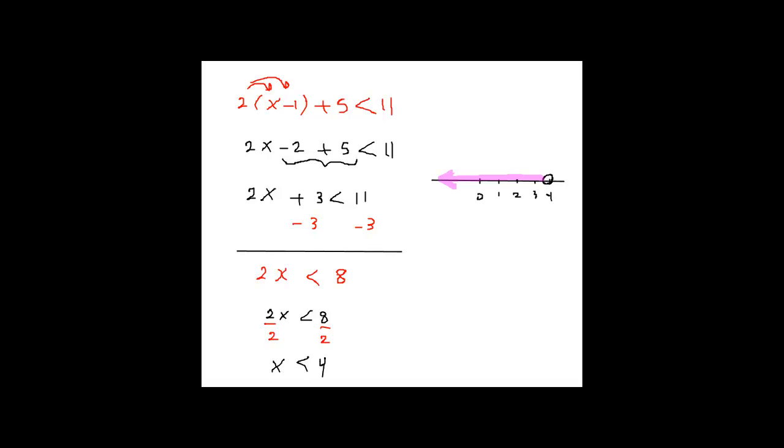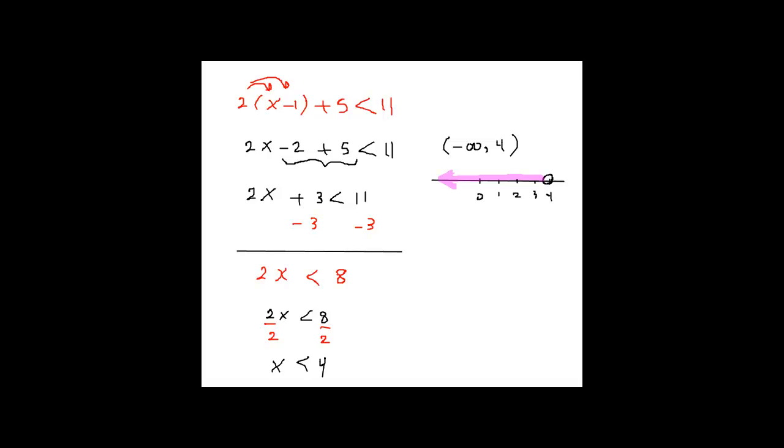Okay. Interval notation. Interval notation would be, if I use a parenthesis, all the numbers from negative infinity, comma 4, and we use a parenthesis because the endpoints are not included. When the endpoints are not included, you use parentheses.